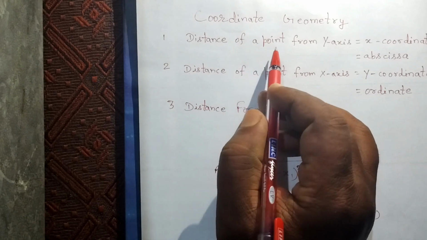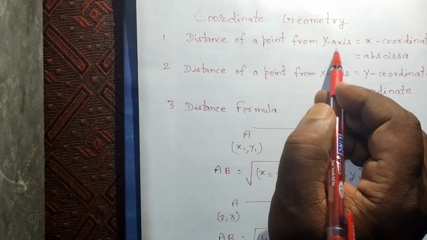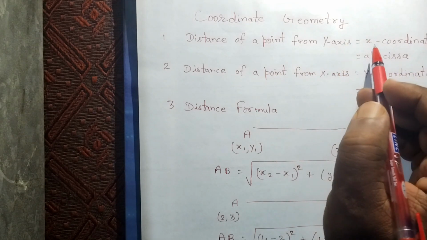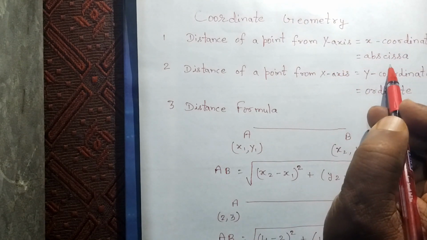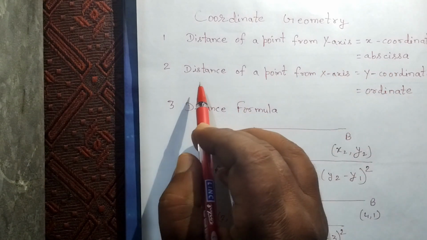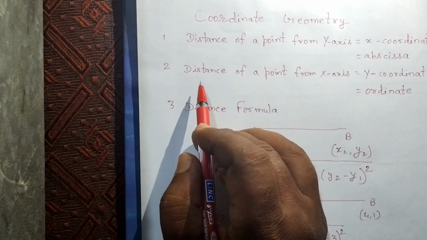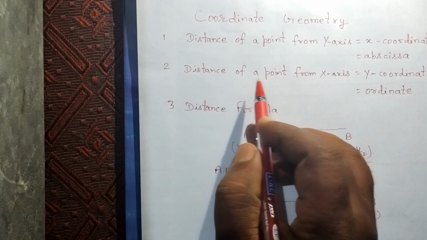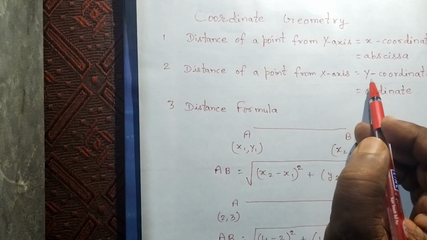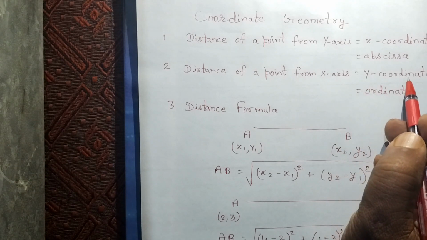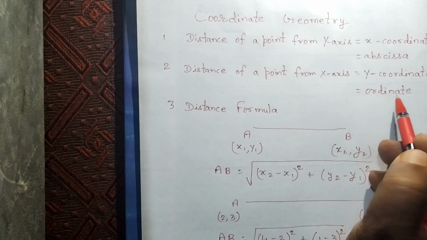Distance of a point from y-axis is called x-coordinate or abscissa. Second, distance of a point from x-axis is called y-coordinate or ordinate.